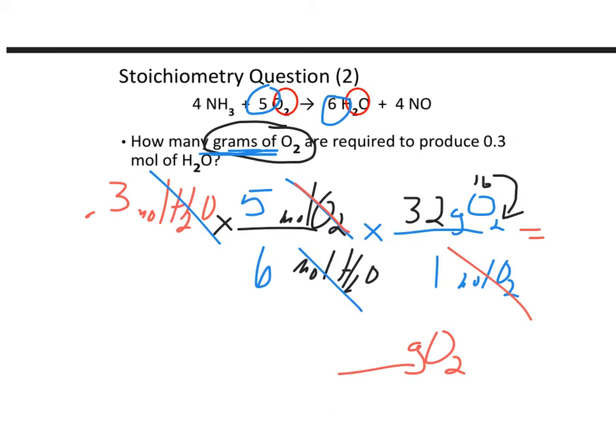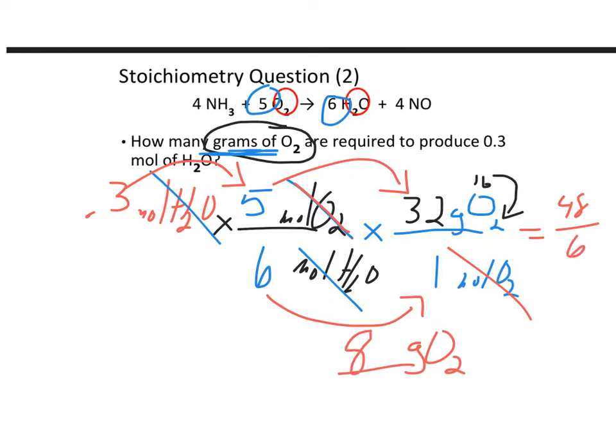Yes. So 0.3 times 5 times 32 is how much? 48. Now we're going to divide by 6. 48 divided by 6 is 8. So 8 grams of O2.